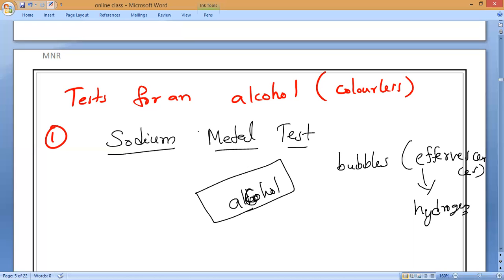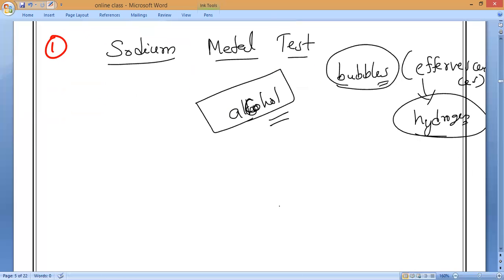All of you remember, whenever I add sodium metal and immediately notice bubbles forming, those bubbles indicate hydrogen gas, so the given substance is alcohol. That is the first test.